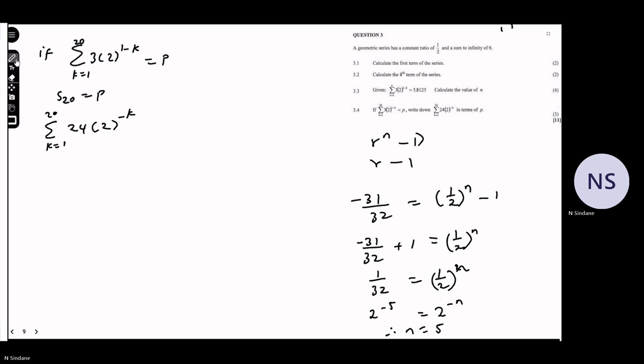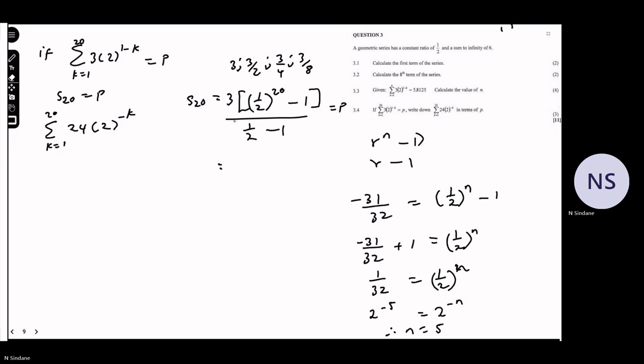Our series was 3, 3 over 2, 3 over 4, 3 over 8. This series represents this one, right? So for this, let's calculate S20. S20 will be equal to A, which is 3, into 1 over 2 to the power 20 minus 1, then r is 1 over 2, so over 1 over 2 minus 1, right? And then they're saying this is equal to P, remember?